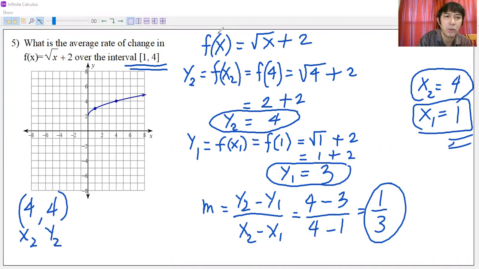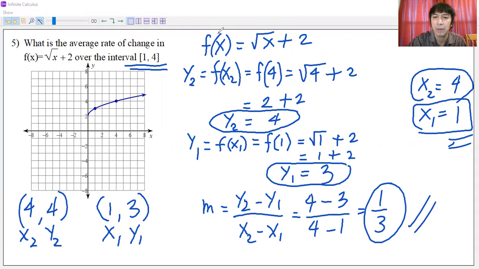And the lower point is at 1, 3, and this is actually your x1, y1. Looking at your coordinates, you can see exactly those numbers in our computation here. You can see the 4 and the 3, the 4 and the 1, used in this formula. So I hope everything is clear here, and we were able to get the answer 1/3.